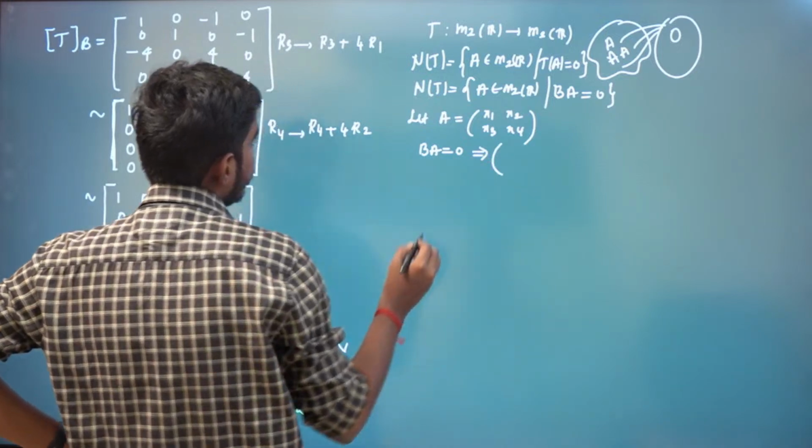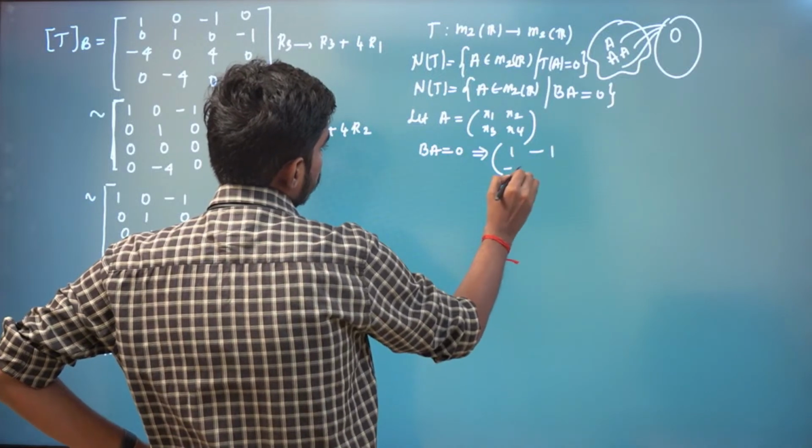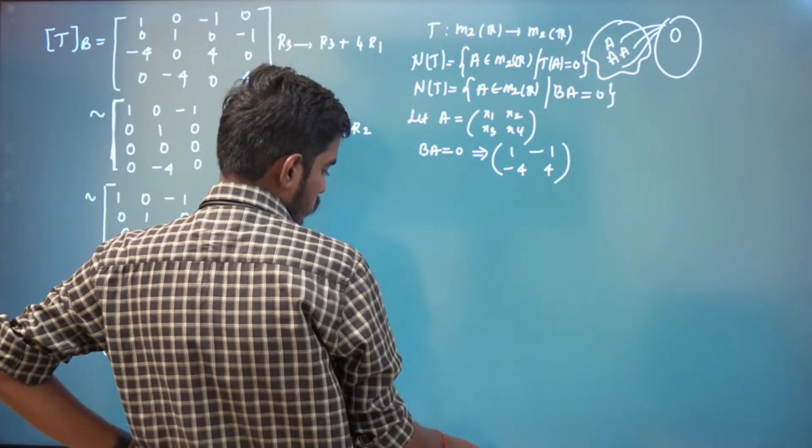So what is B? B is the matrix 1 minus 1, minus 4 plus 4.